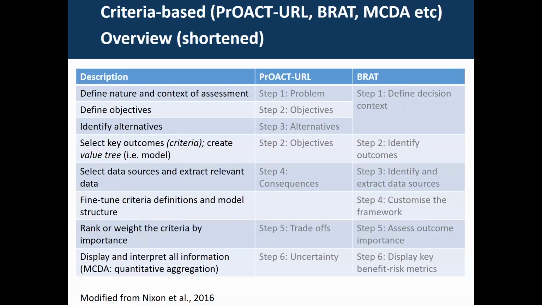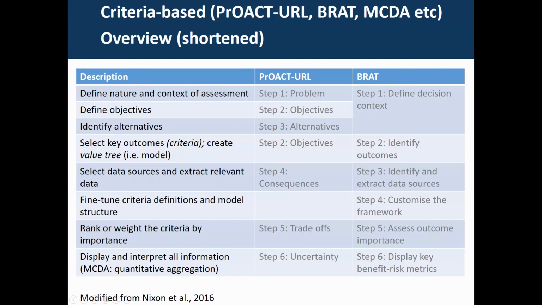And MCDA belongs to one group of methods that I here call criteria-based. As you see in this slide, there are lots of abbreviated names like PROACT-URL, BRAT, and so on that you probably don't need to remember.